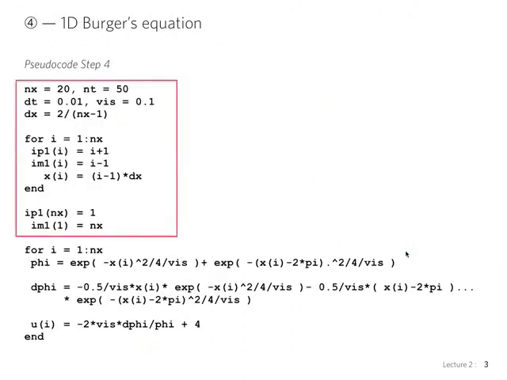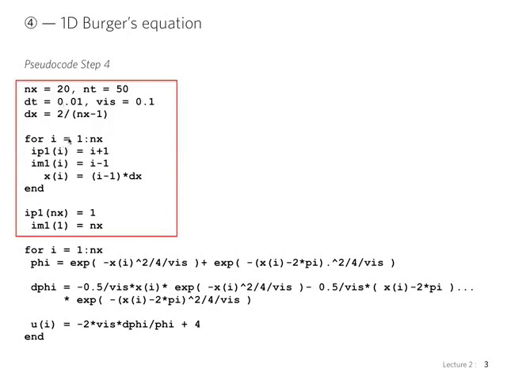So, as before, we have our initialization of the code with a number of divisions in the x direction, a number of divisions in time, the time step, the value of viscosity, and then the delta x, which is calculated from the number of steps in x.